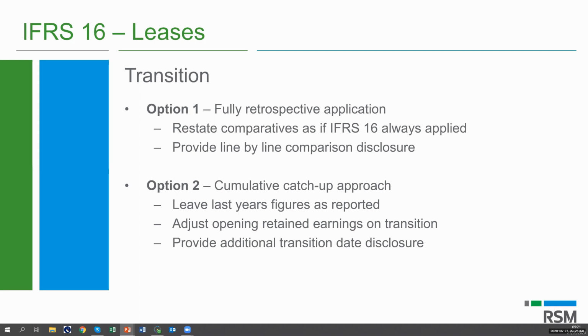You would calculate the impact of IFRS 16 on your leases that you currently have, and you would draw a line at the beginning of your year, and then see what your lease liability would have been and your leased assets, and any difference you would just adjust to opening retained earnings. The amount of work that goes in is the same, I think, because you still need to do the calculation. It's just that your disclosures are a bit easier, because you would leave last year's as it was, and you would fix any effect of this in your opening retained earnings.